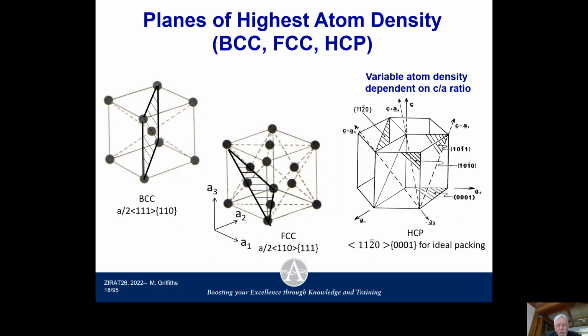So magnesium is very close to ideal packing. That is the shortest Burgers vector, 1,1 bar 2. Forgive the Miller-Bravais notation here. All you need to know is that that's the direction.